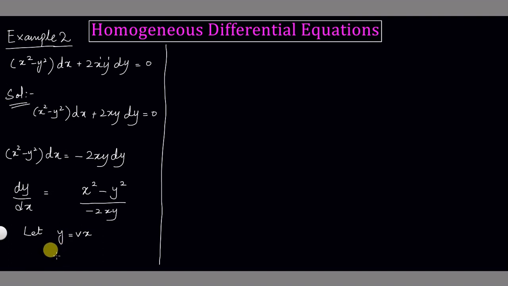So differentiate with respect to x, you will get dy by dx is equal to v plus x dv by dx. Now this value will be substituted in equation number 1. So this is equation number 1.